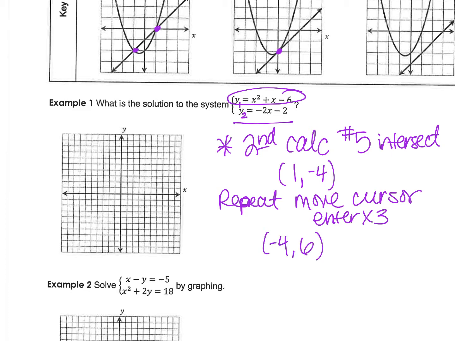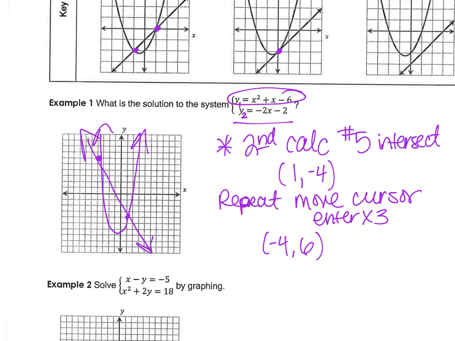So let's go ahead and plot those. We have a parabola that looks similar to this, and then we have a linear line that looks similar to this.